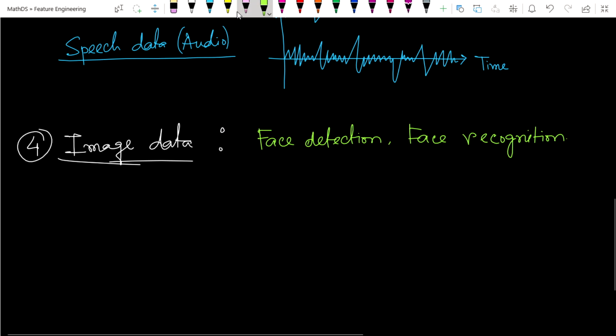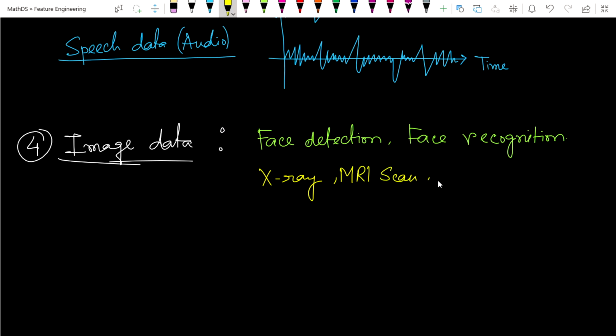Image data is also very important in the medical domain, like X-ray data, which is also image format, and MRI scans. Video is also a combination of image data. Video is the most popular one. You can think of video as one kind of time series data. Here we have time, and here a combination of images.